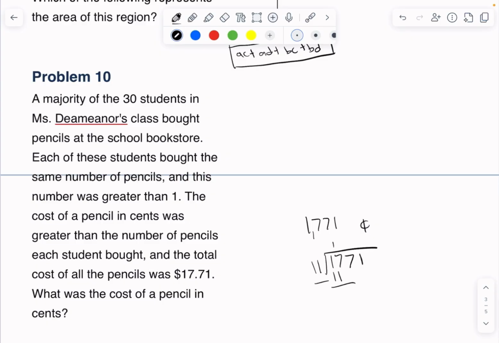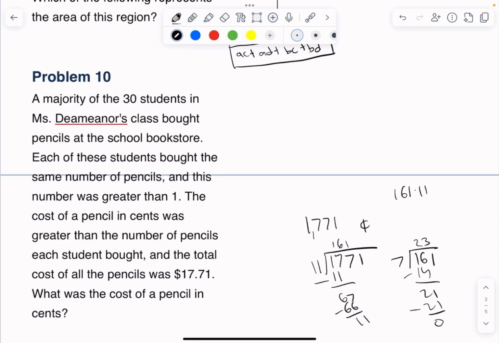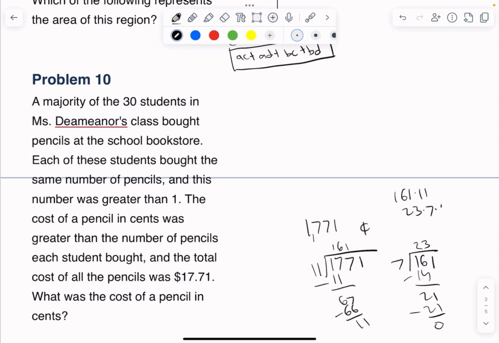That gives 161 times 11. Now it's kind of harder. It can't be divisible by any even numbers, it's not divisible by 3, and it's not divisible by 5. It may be divisible by 7. Let's see, 161 divided by 7 is 23. So it's 23 times 7 times 11.